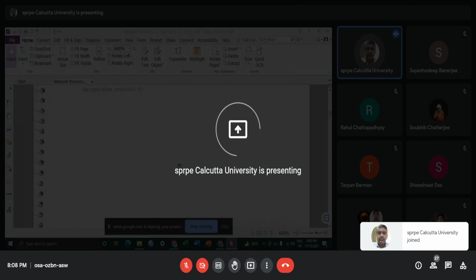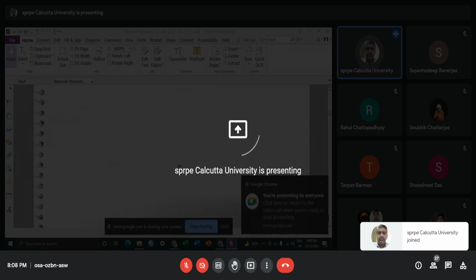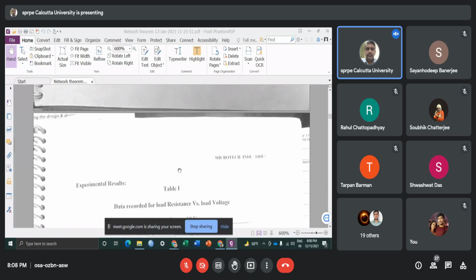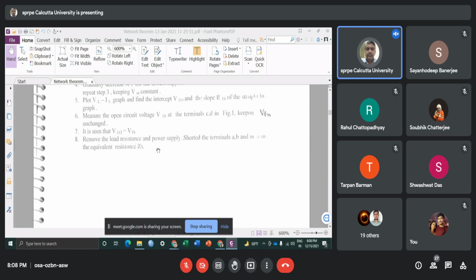হ্যাঁ, তাহলে এই খুব সহজ ব্যাপারটা বোঝা গেল যে আমরা বিভিন্ন লোড রেজিস্ট্যান্স নিয়ে VL আর IL মাপছি, মাপার পরে ওই প্লট থেকে আমরা এক্সট্রাক্ট করতে পারছি। ঠিক আছে, at the same time you can also measure the open circuit voltage across the CD terminals keeping V in constant.